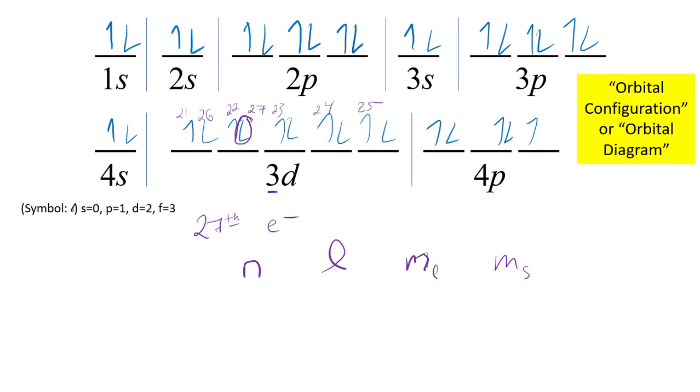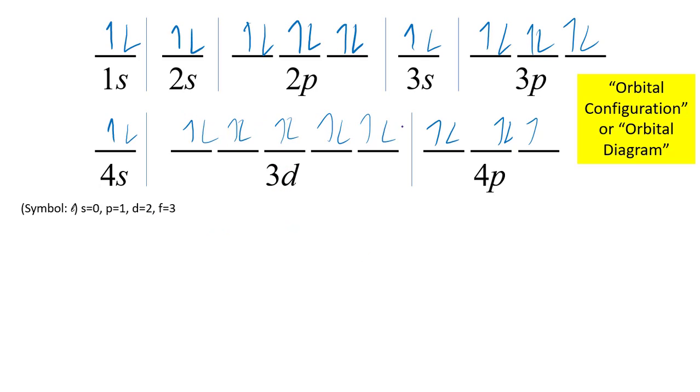So n is 3. If it's a d, then l is going to be 2. And then I go from -2 to +2. So that means it's in the -1 orbital, and my spin is -1/2. And those are my 4 quantum numbers. The principal quantum number is just this one. Those are my 4 quantum numbers, excuse me.